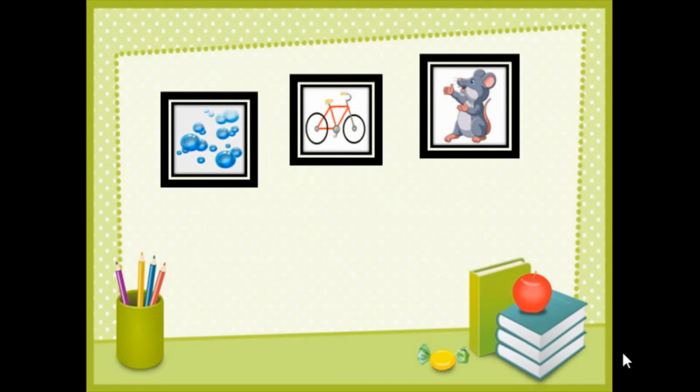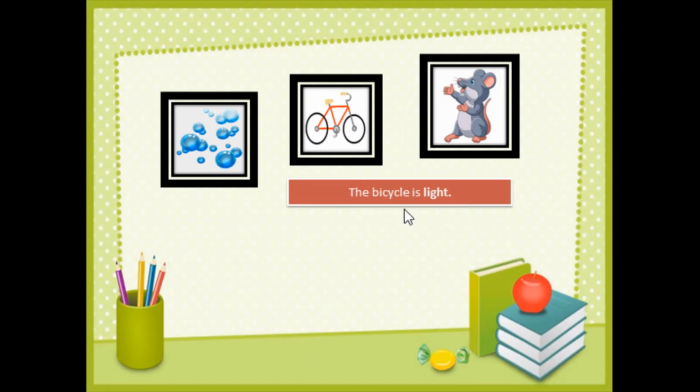Now, let's compare the three pictures. We all have light objects, but now let's see which one is light, which one is lighter, and which one is the lightest. Repeat after me. The bicycle is light. Good job.